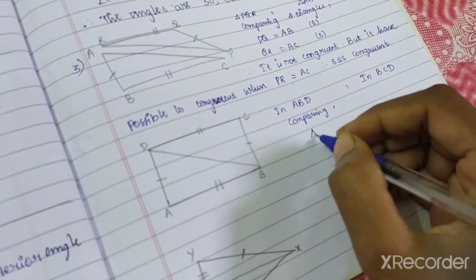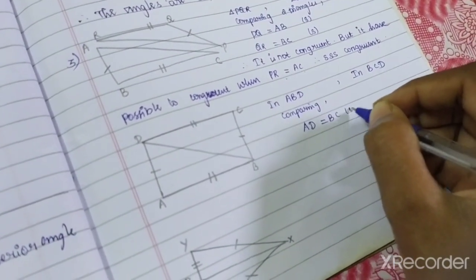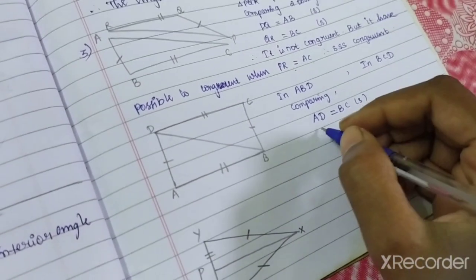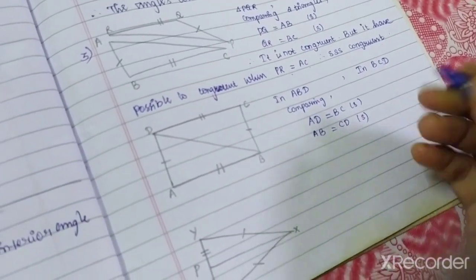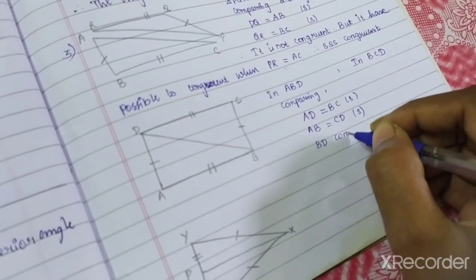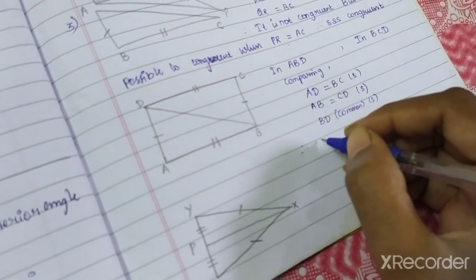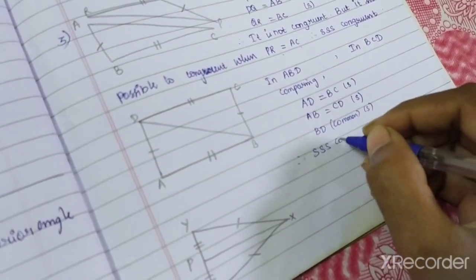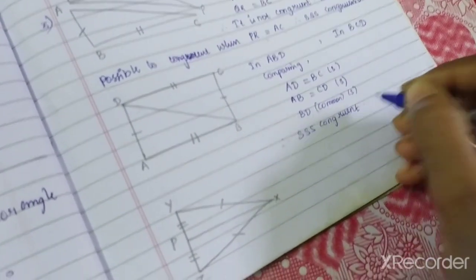AD is equal to BC. So one side. Then AB is equal to CD, second side. Then BD is common. Common means obviously equal, so third side. Therefore SSS congruent. Therefore it is an SSS congruent.